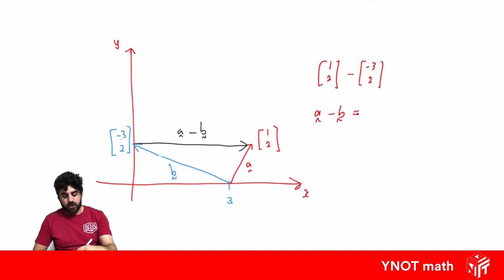We're just going to go 1 minus -3, which gives us 4, and 2 minus 2 gives us 0, and it's exactly what we expected, since that vector goes across 4 to the right and has no y component.